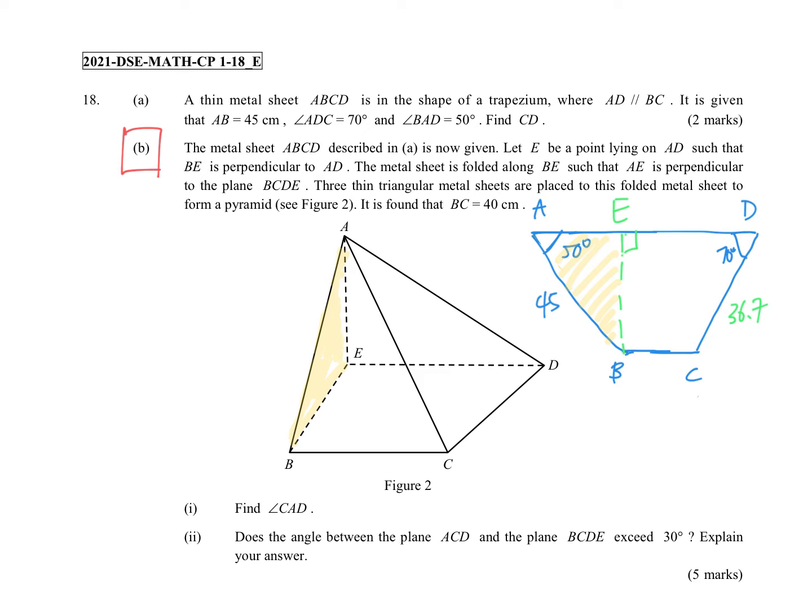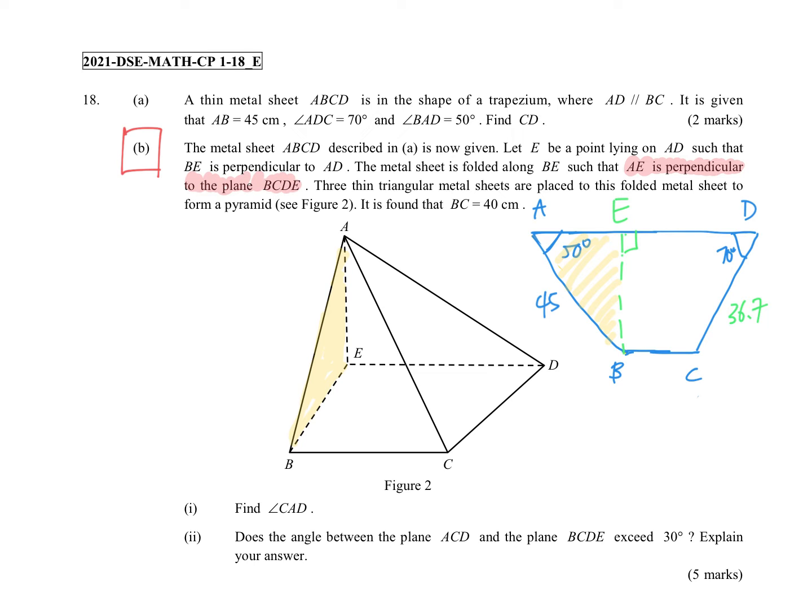Okay, so BCDE remains on the horizontal ground, and the triangular face ABE is folded up. Okay, it's quite easy to imagine. And then a very, very important piece of information here, I would like to highlight it in red. AE is perpendicular to the plane BCDE.